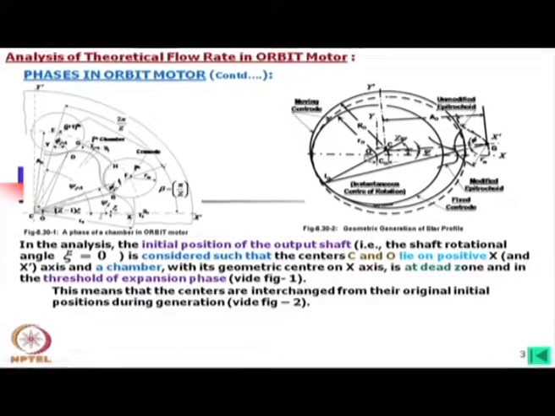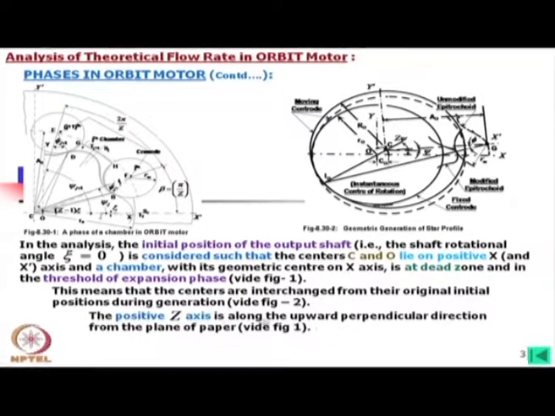In that generation technique, initially the center of the centrode fixed for the star was here, and the center of the ring gear or envelope was here. Whereas, when we start operations, we have just interchanged the centers. This means that while we consider the geometry of the envelope, we have to take care of these transformations. Okay.